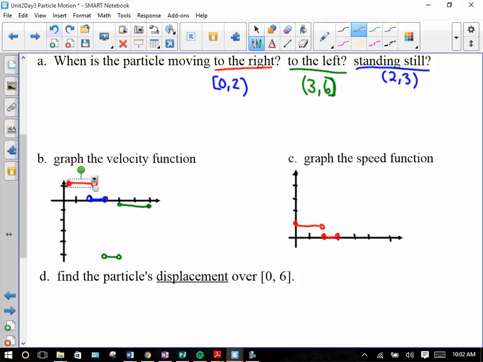From 3 to 4, we got positive 5. And then we're at negative 1/2, so that's going to change to positive 1/2. So that's going to be right there. Questions?